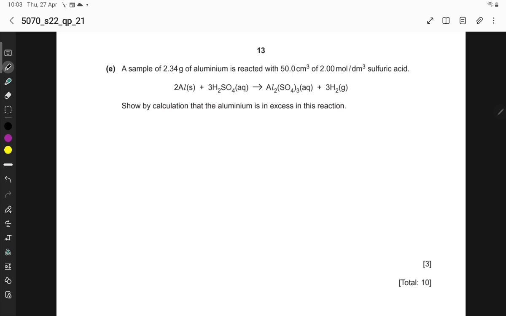Okay, 2.34 gram of aluminium is reacted with 50 centimeter cube of 2 mole per dm cube sulfuric acid. Show by equation that aluminium is in excess.